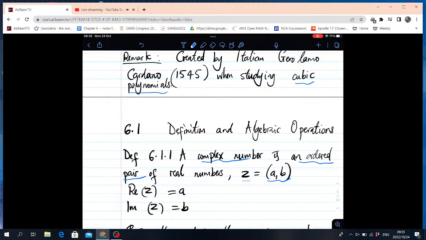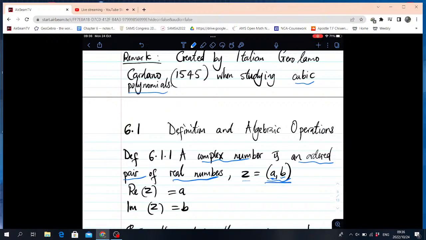So what we are calling the real numbers here are a and b. So a and b are real numbers, and we are saying that a complex number is an ordered pair, so it looks like a vector, right, in R2, but there are some differences that we are going to see. But it's an ordered pair of real numbers, which can be written like that, right?